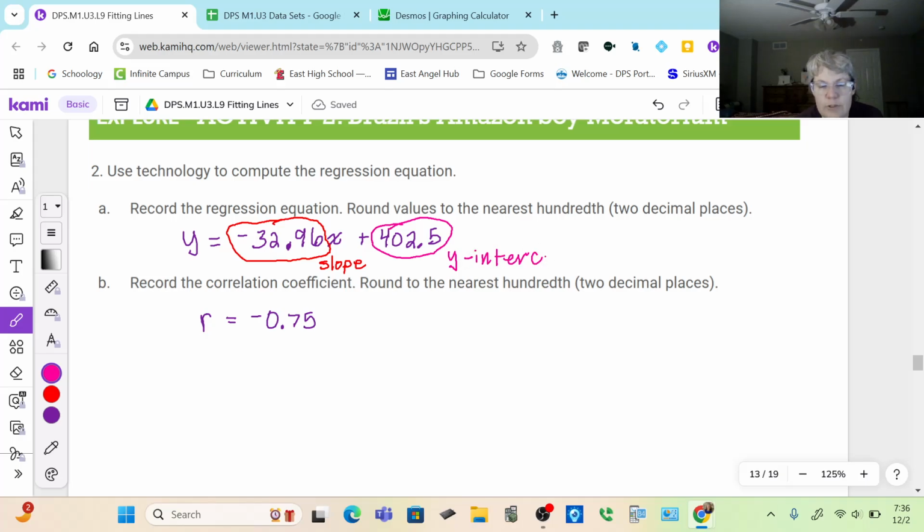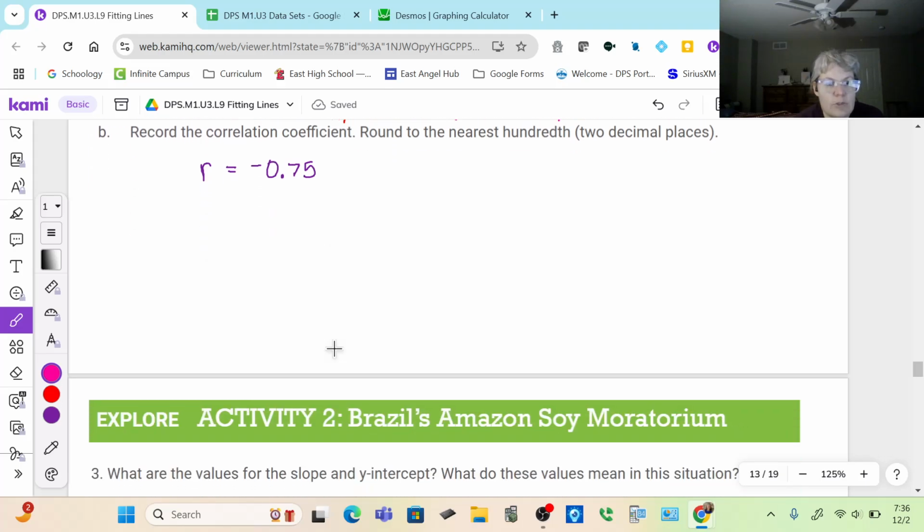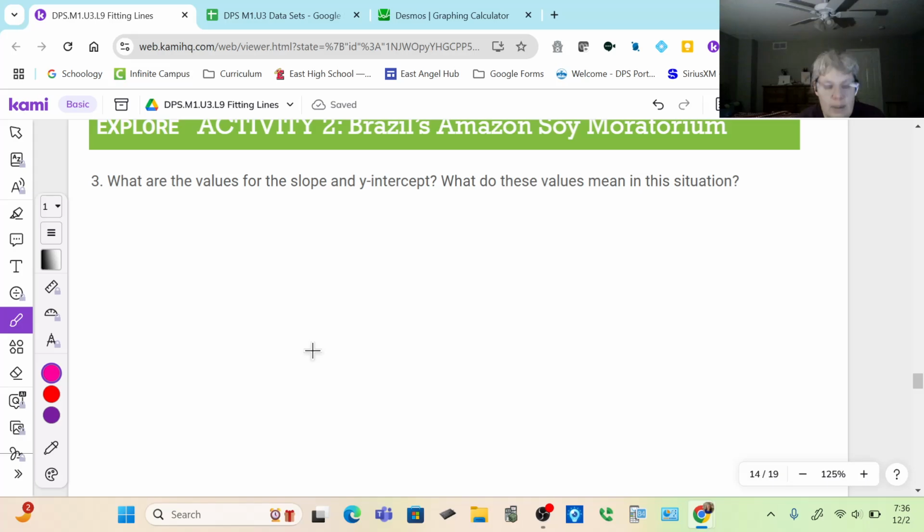Because what I'm going to do on the next screen is I'm going to interpret these values in the context of our situation. So we are looking at the number of hectares, thousands of hectares, that are lost to deforestation in the Amazon rainforest.